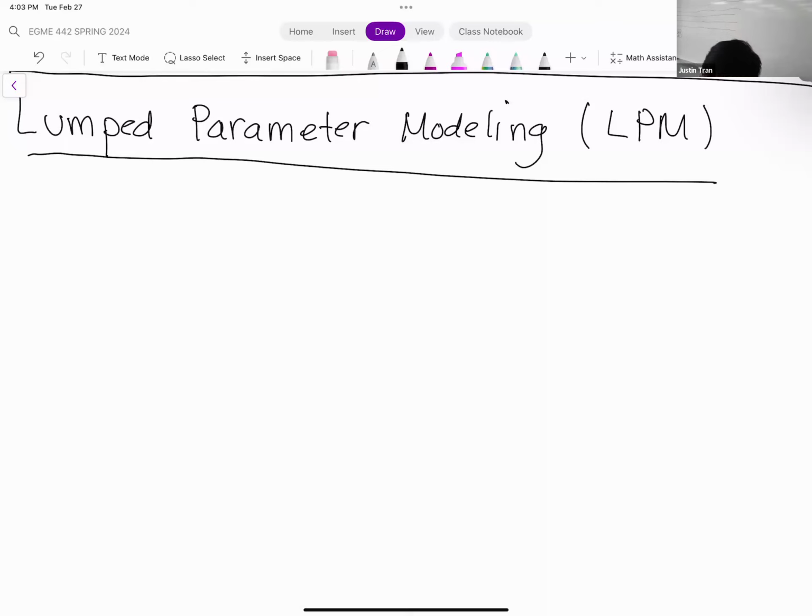Hopefully, the one impression that you should have gotten from all this is that blood flow is really complicated.